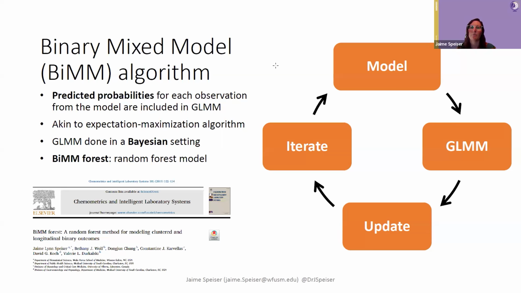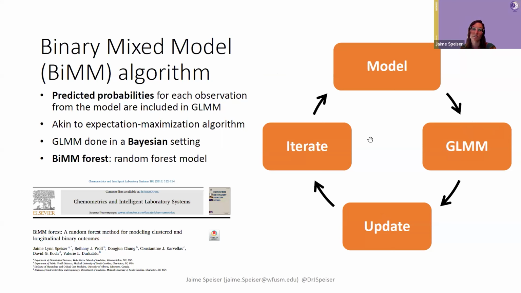Then we take the predicted probabilities for each observation from that model and put them into a generalized linear mixed model as a predictor. At that stage, we can incorporate the clustering effects through random effects. Then we use an expectation maximization-style algorithm to update the outcome and iterate through those steps until we get convergence.